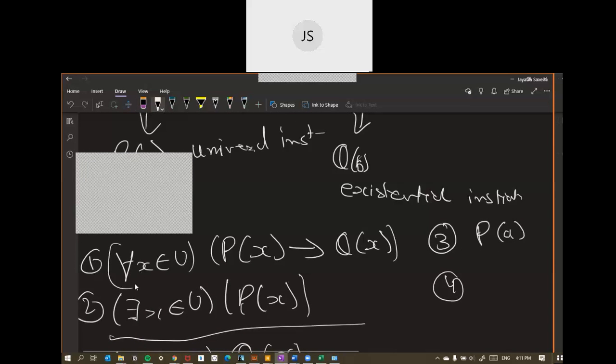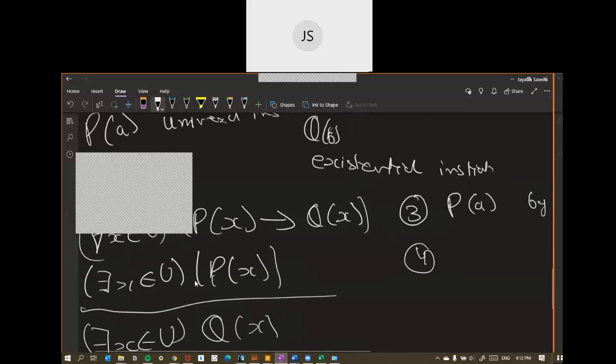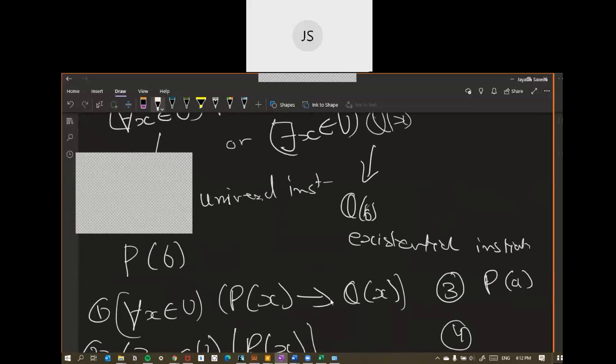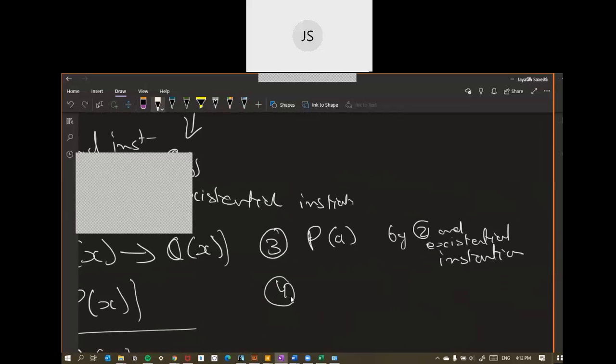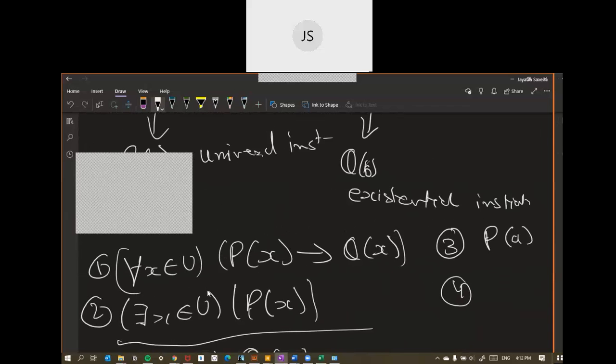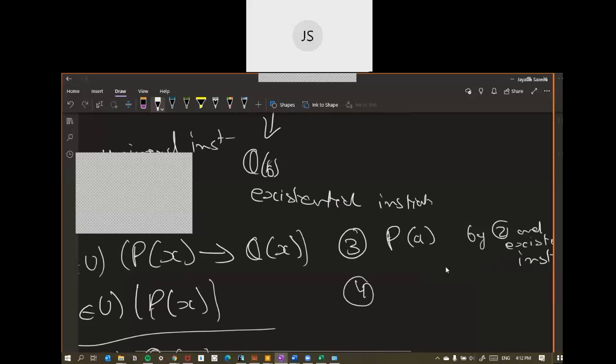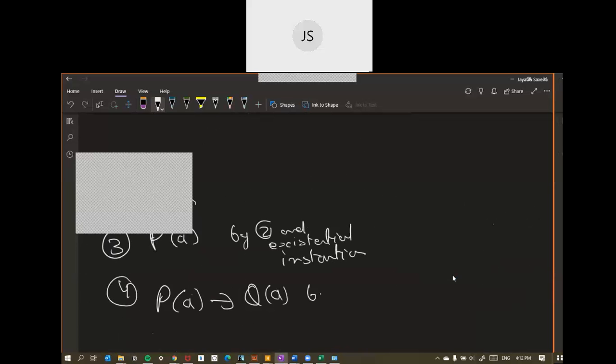Now over here we have a for all statement, right? So this is true for any arbitrary x in the set of elements. Since it's true for arbitrary elements in U, we know that it's also true for a specific element a in U. So we can say that we have P(a) implies Q(a) by 3 and universal instantiation.